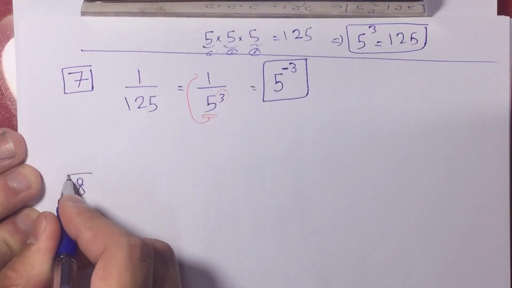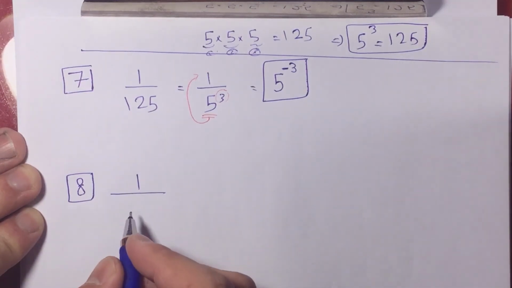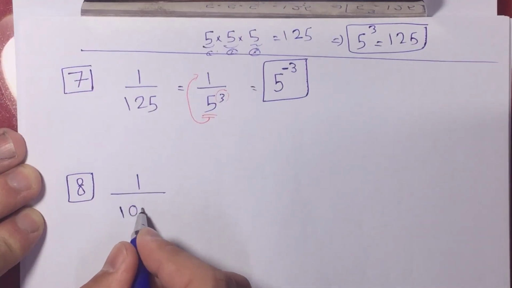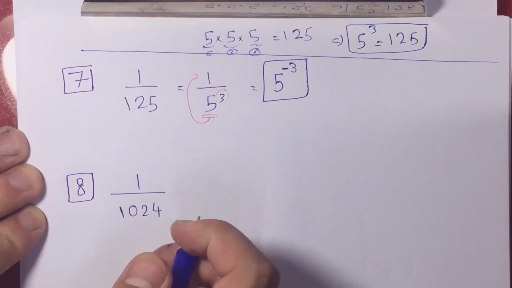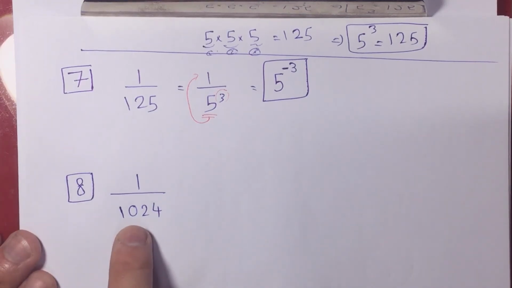Let's try number 8. Pause the video now and try to solve number 8, which is 1 over 1024. Try to think what number can be written in terms of exponents from this number.